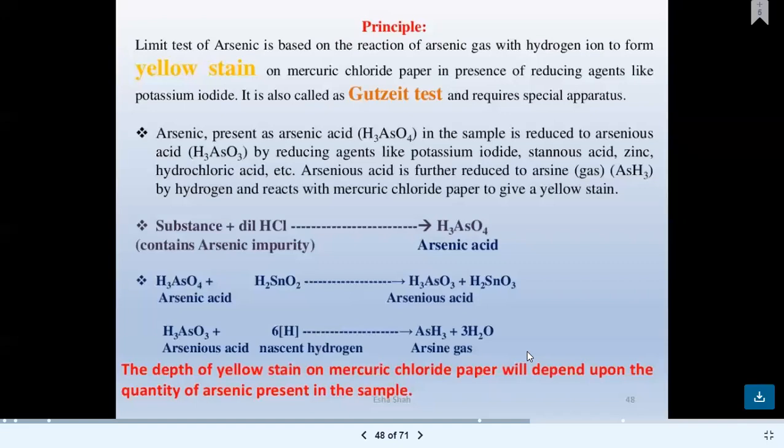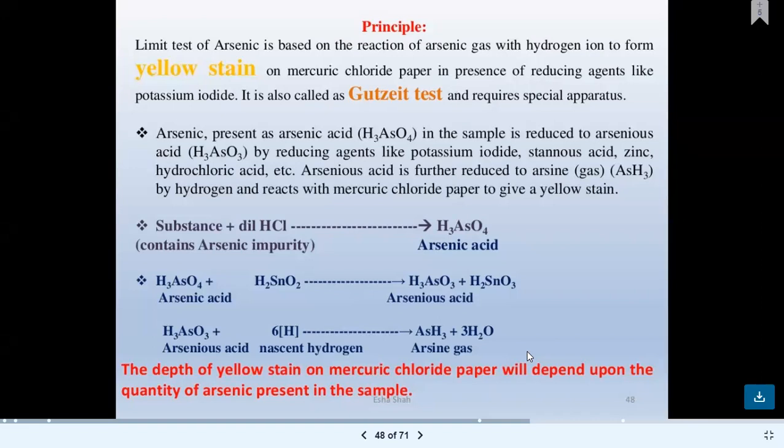Reaction of arsine gas with the hydrogen entity of mercuric chloride forms a yellow stain. The arsine gas that is formed will react with the mercuric chloride paper in presence of a reducing agent. So the extra reagent used in case of limit test for arsenic is potassium iodide. So it is called Gutzeit test and requires a special apparatus.